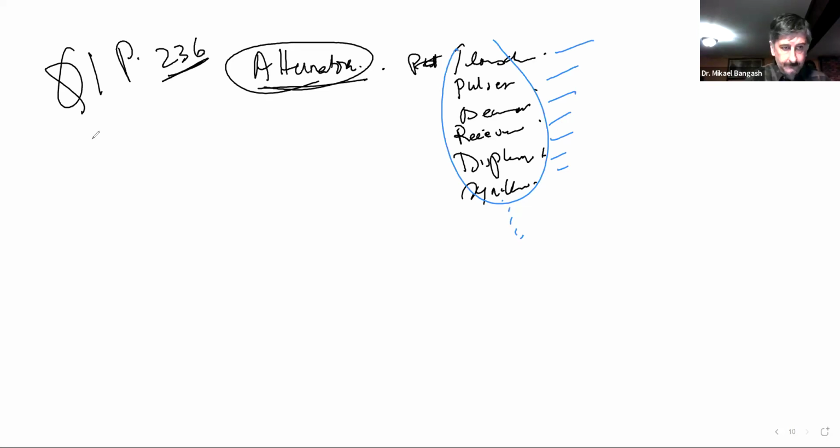Question 2. This kind of pulsar generates a constant electrical signal in the form of a sine wave.